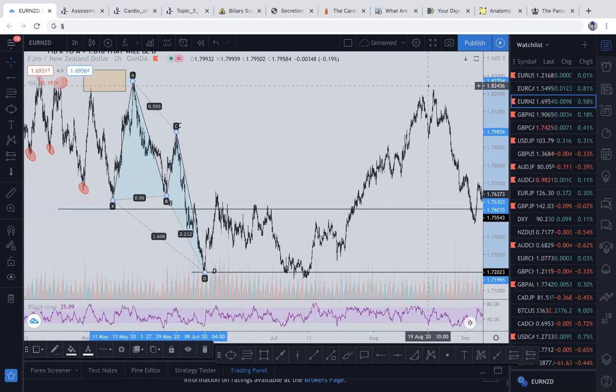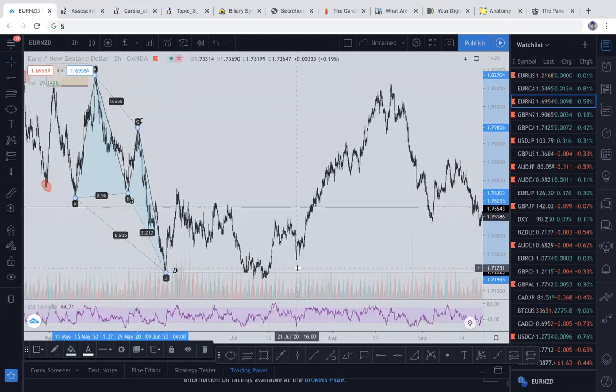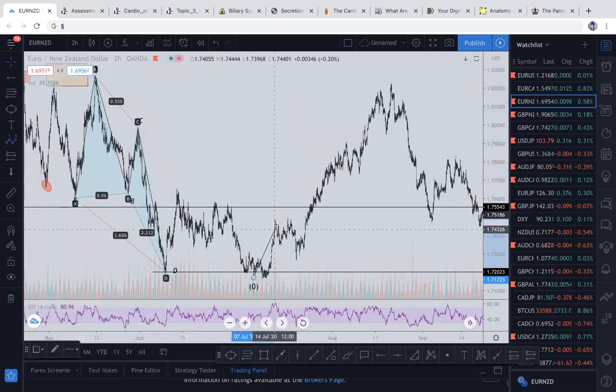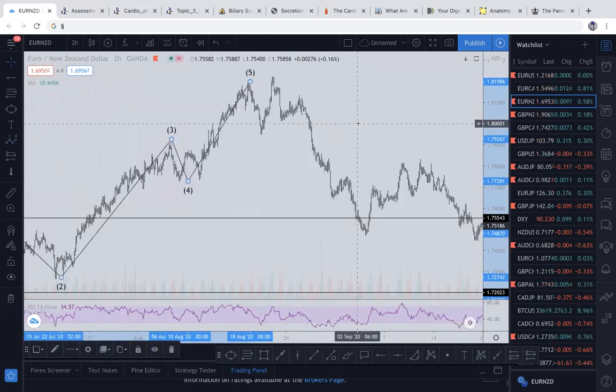If you knew that this was at the end of the fifth wave, you know that another wave is about to start. And look at that. You know that another wave is about to start. 1, and then there.